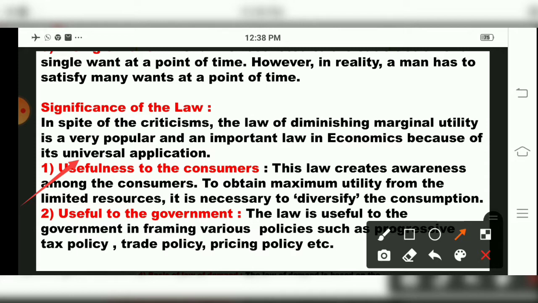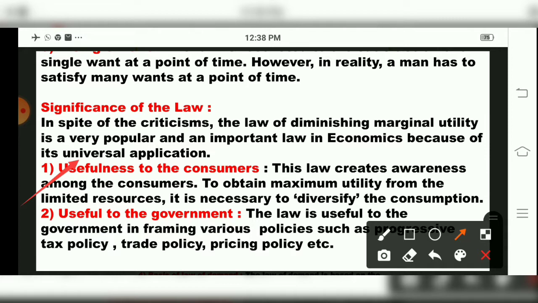It creates awareness among the consumer, as we have studied in law of DMU. With every successive unit of a commodity, what happens? Marginal utility goes on diminishing. So a consumer should know where to stop purchasing things. There should be a limitation so that natural resources are also not destroyed too much.